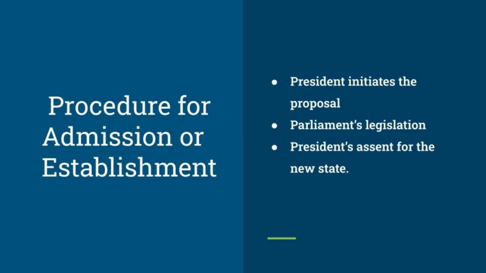Then the second step, Parliament's role. In the first point, we saw that Article 2 empowers the Parliament. Here in the second step, we are going to see what the role of the Parliament is. The Parliament, through a legislation, determines the terms and conditions for the admission or establishment of a new state.